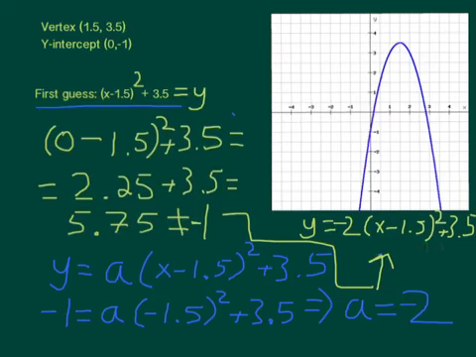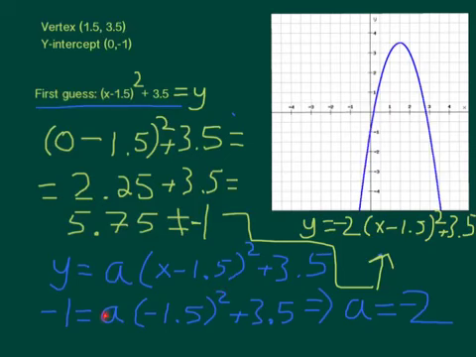What did I do? Again, I knew I had this vertex, so I wrote it out in vertex form. I then knew I had a y-intercept, plugged it in to check. Got a mistake, that didn't give me the right answer, so I know my vertex form must have some kind of coefficient before the square.